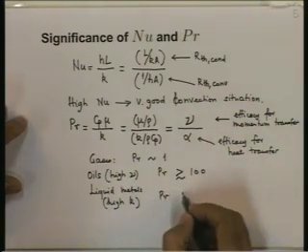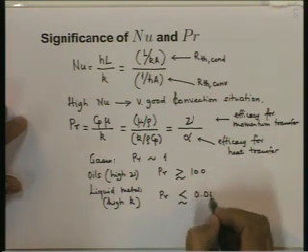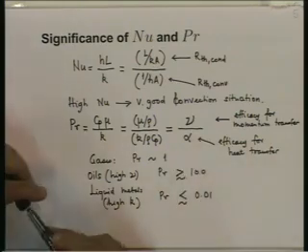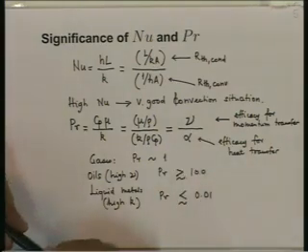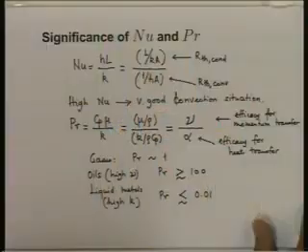Here the Prandtl number is of the order of or less than 0.01. So you will get a range of Prandtl numbers depending on the fluid and its state, pressure and temperature, going from something like 0.001 at one extreme with liquid metals to almost of the order of 1000 for viscous oils.